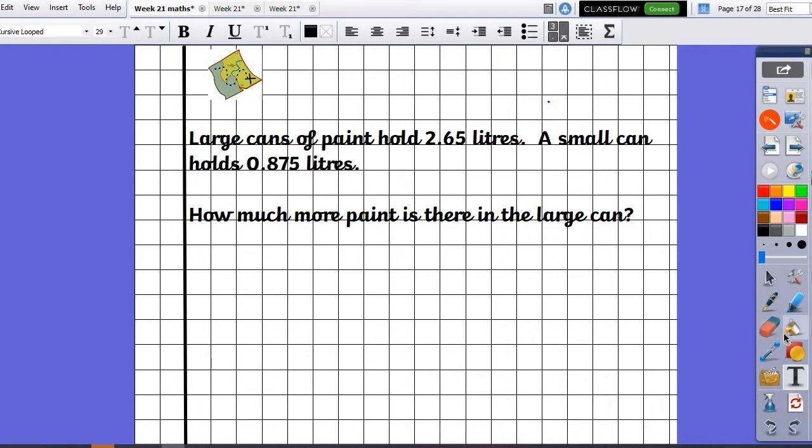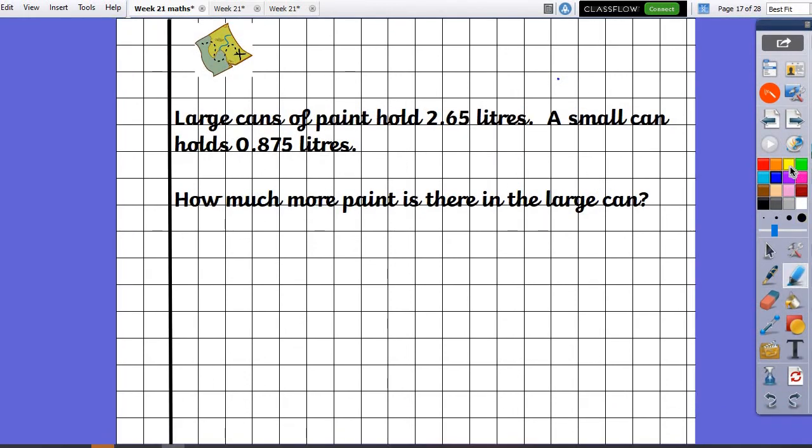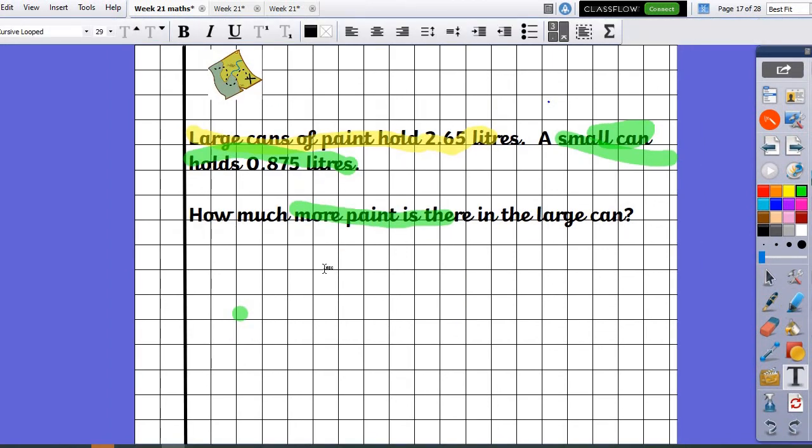So I'm going to find my highlighter. Large can 2.65, small can holds that. How much more is there? Okay, so 2.65, and I can put my placeholder there.